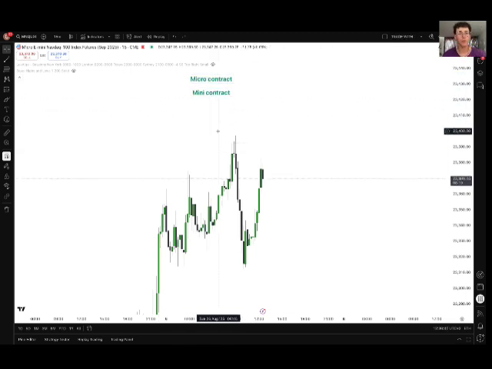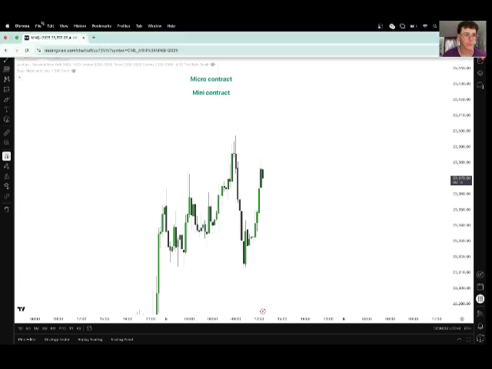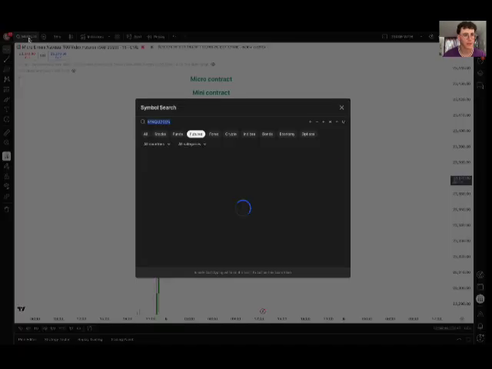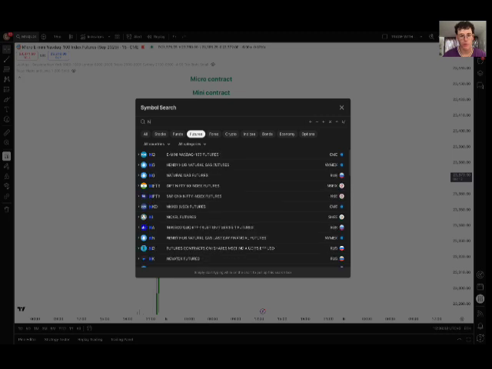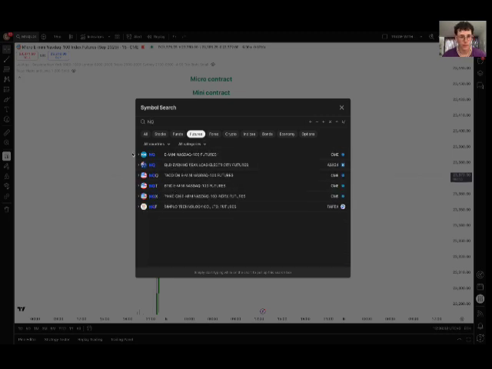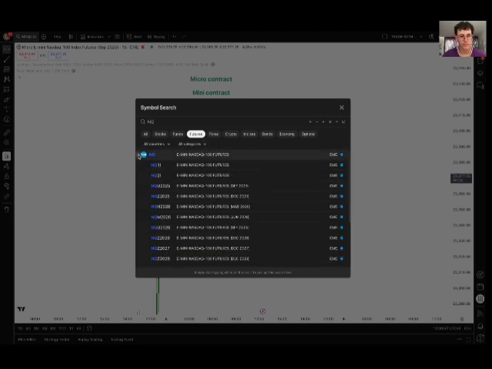Now, if you want to trade the mini contract, you go here to the search bar and simply write NQ. You take this arrow and press on the NQU. When you see NQ, the first two letters, that means you are on the mini contract.